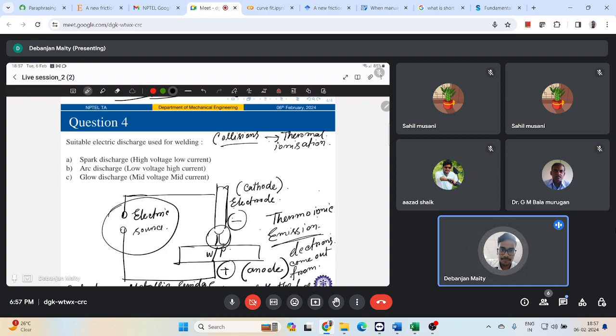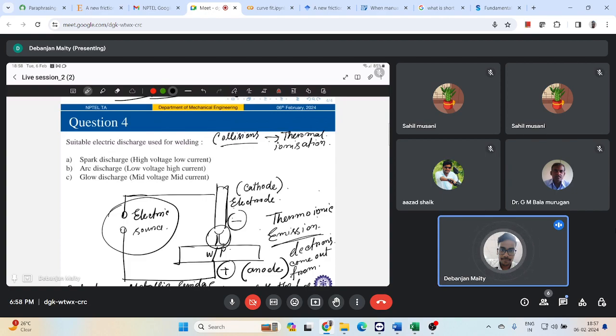Normally these collisions are elastic, and both momentum and kinetic energy are conserved. However, occasionally a collision is such that an electron may be completely knocked out from the neutral atom, producing a free electron and a positively charged ion. Such a collision is not elastic in nature.